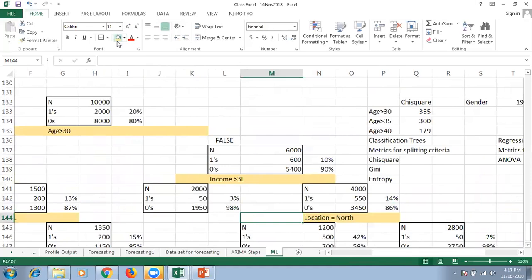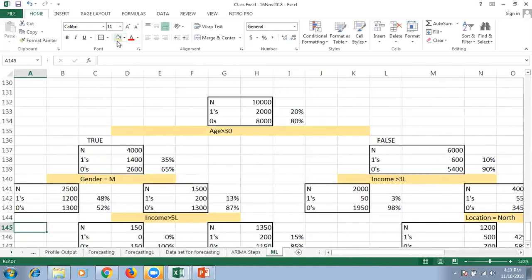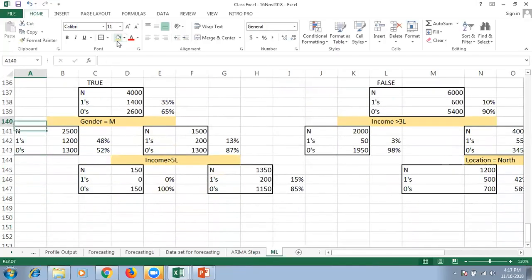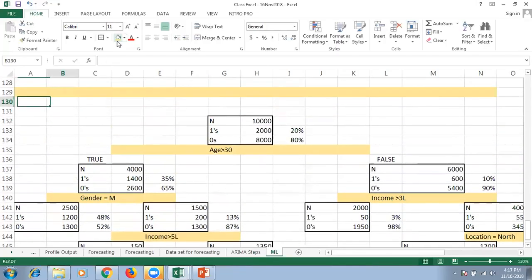Now let's understand what this output tells me, and how this output helped me solve my business problem. What is my business problem? Predicting whether a customer is good or bad. That is the ultimate goal of my output, right? So when we talk about terminology, this is what we call a classification tree. This is what we call the root node.